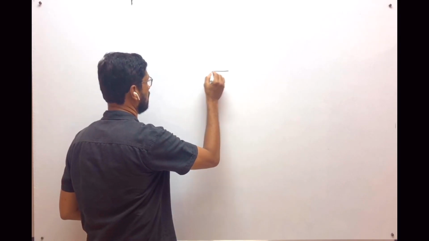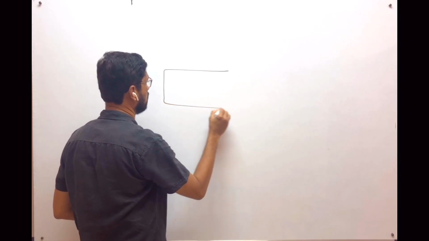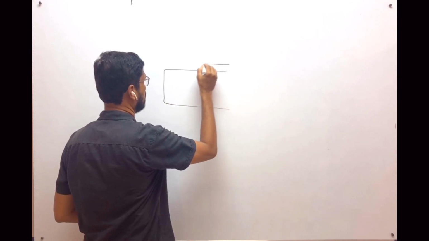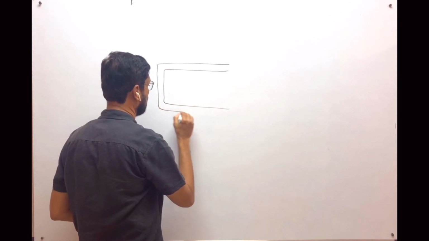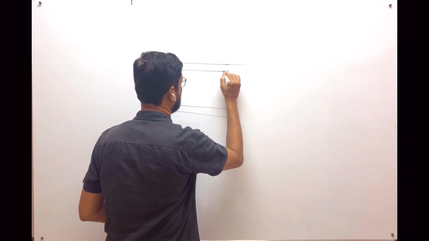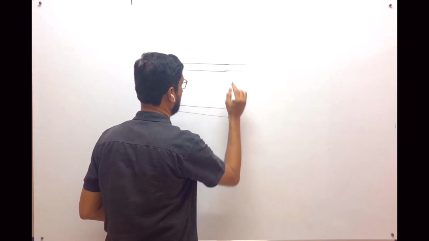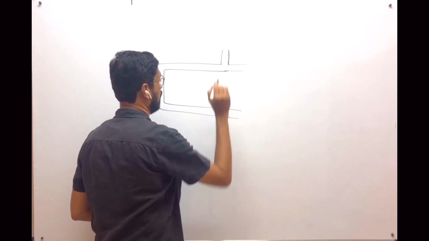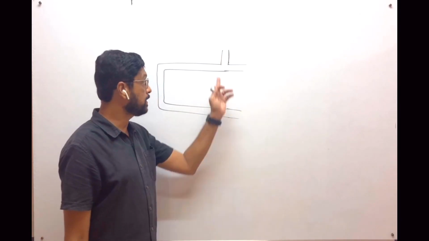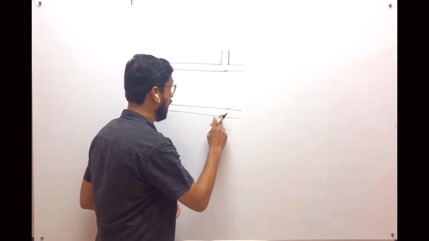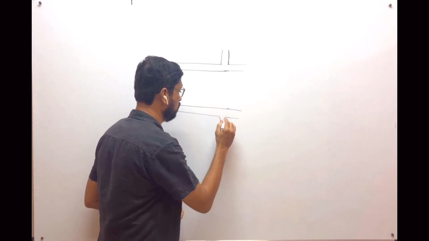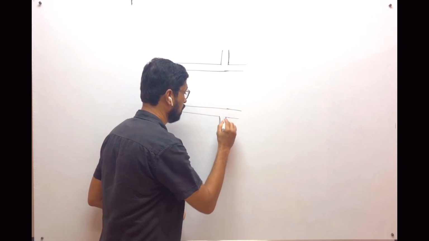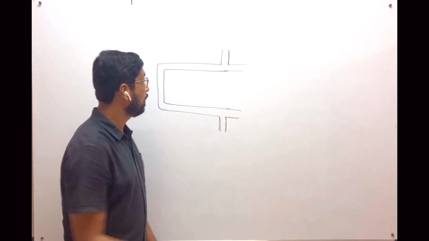There is a U-shaped tube like this, which is having a side tube here and a side tube here on both the sides.